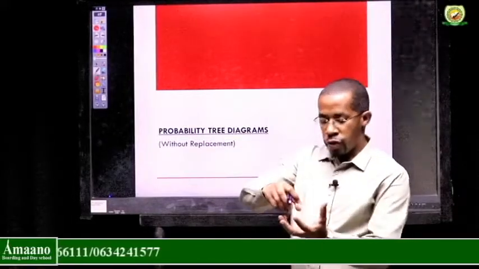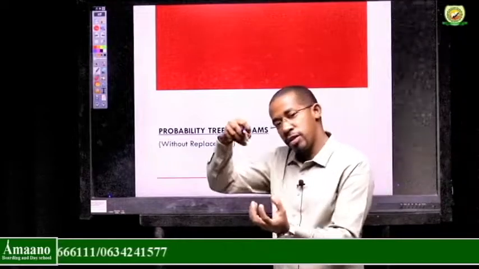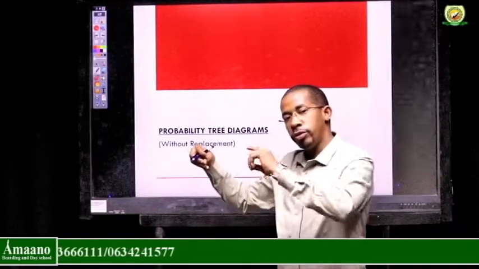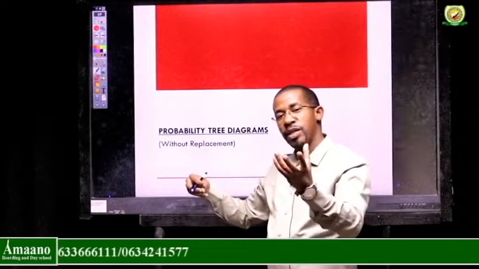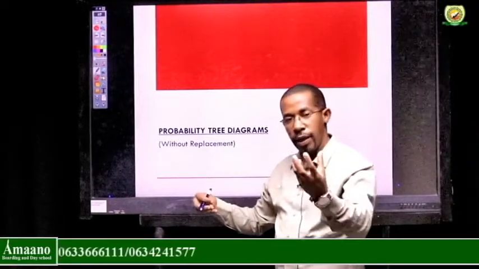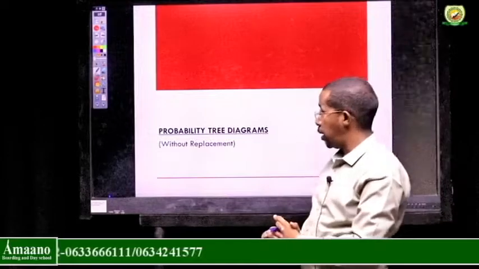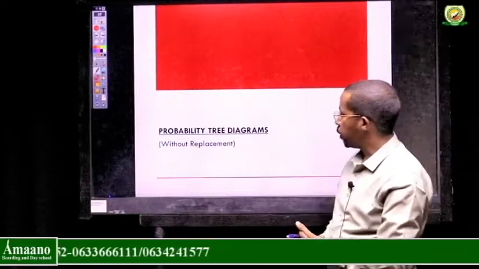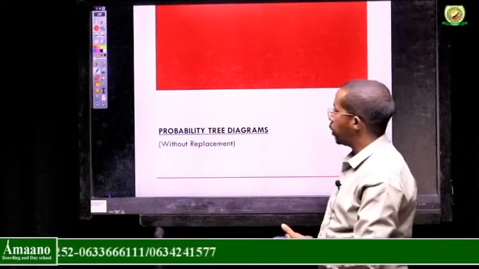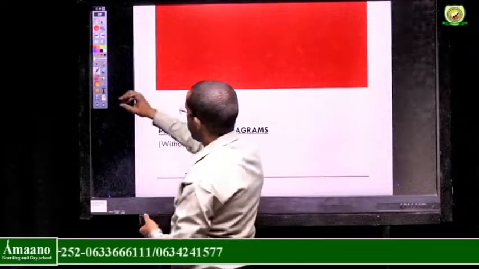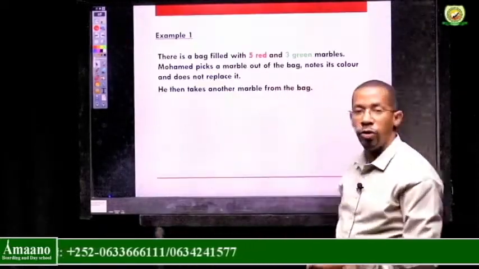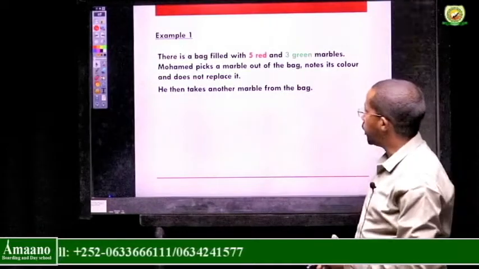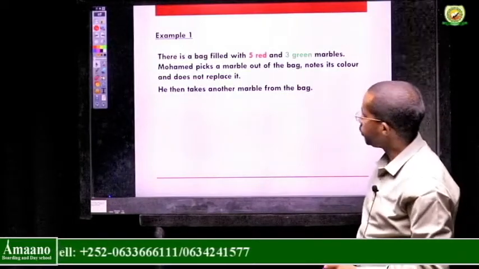It means when you make the first draw, you don't take back what you have drawn. So that means that the numbers go on reducing the balance of your sample space. They keep on reducing. And straight away we will move to some problems involving the probability tree diagrams.